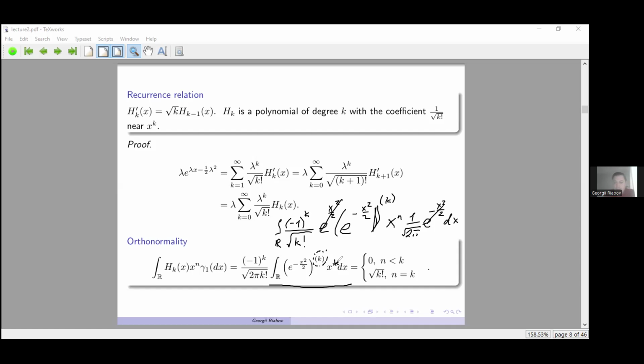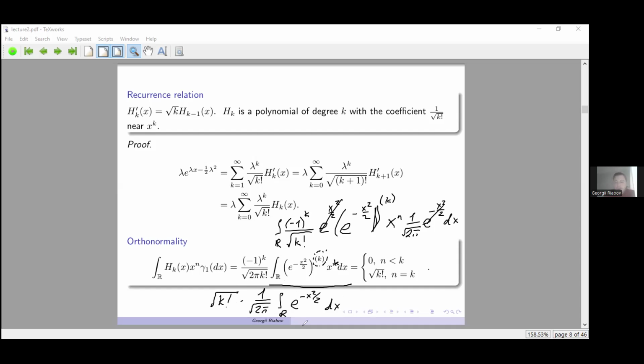the kth derivative of x to the power k, which is k factorial, and minus 1 to the power k will disappear, and we will get root of k factorial times 1 over root of 2 pi times the integral of e to the minus x squared over 2 dx.